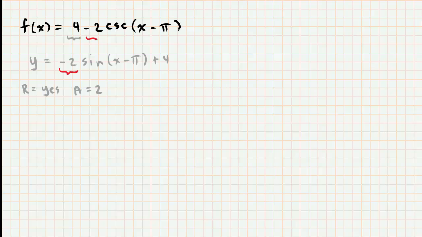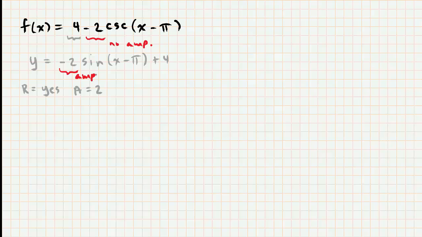The cosecant function has no amplitude. Amplitude is the maximum distance from the center line to the top or bottom of the graph. And since cosecant goes up and down forever, there is no amplitude. But the guide function does have an amplitude, the absolute value of the leading coefficient.